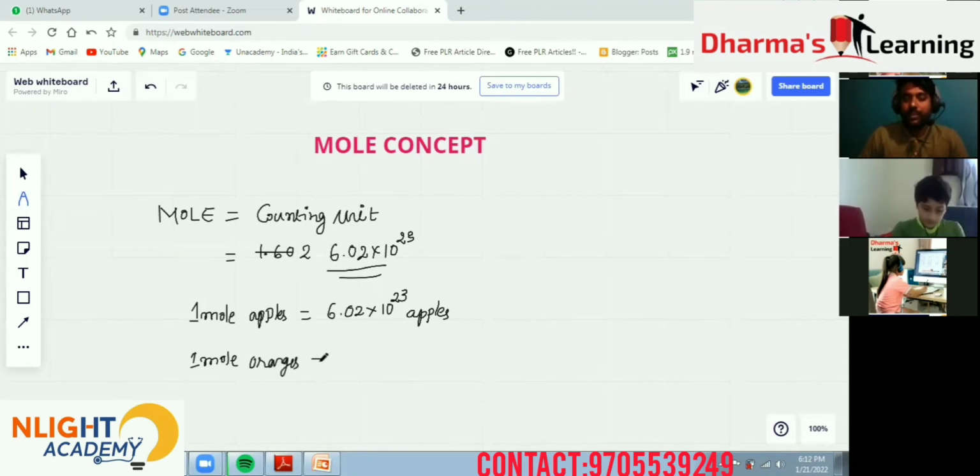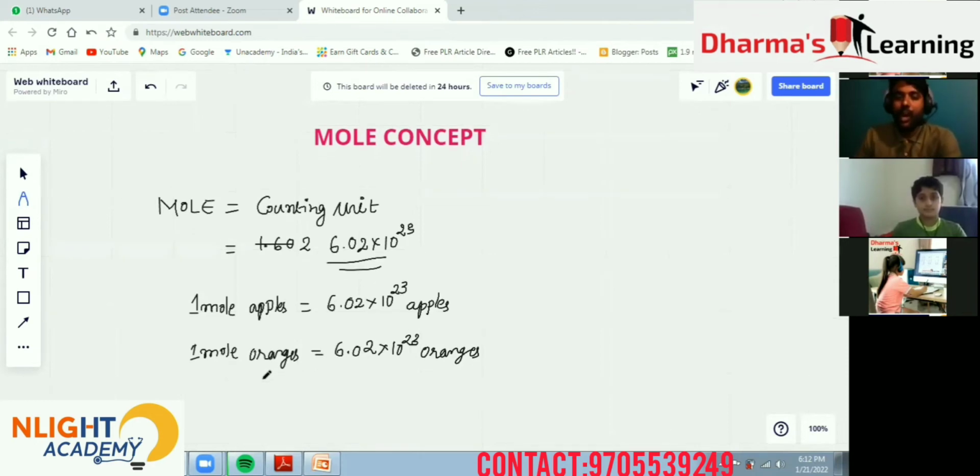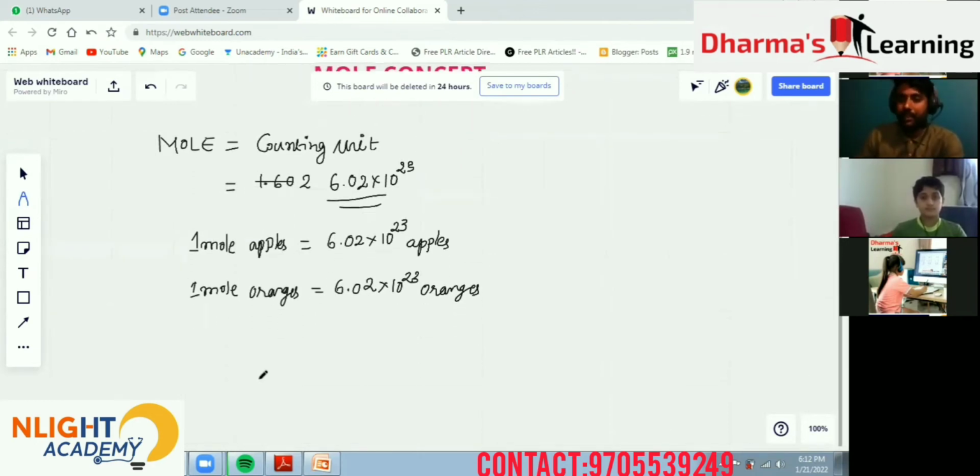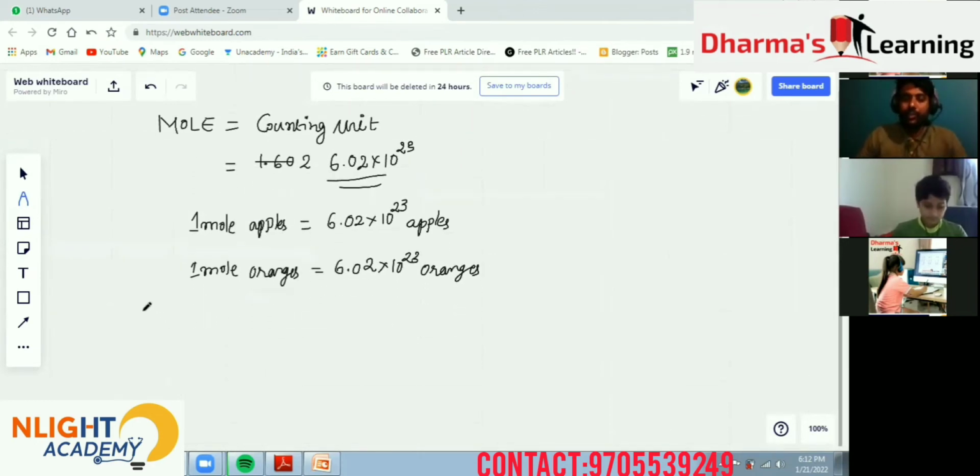What does it mean? 6.02 into 10 power 23 oranges. I think you understood what a mole is. It's a counting unit equal to this number, right? Yes, sir. Now, let's see how it will help us in learning chemistry. So let's go to the topic called atomic mass.